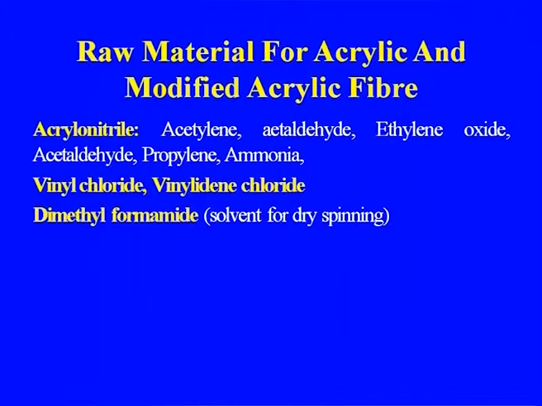Vinyl chloride and vinylidene chloride are needed in case of the modified acrylic fiber, and dimethyl formamide is the solvent which we are using, because earlier in case of the acrylic fiber wet spinning was there, and now we are using dry spinning.